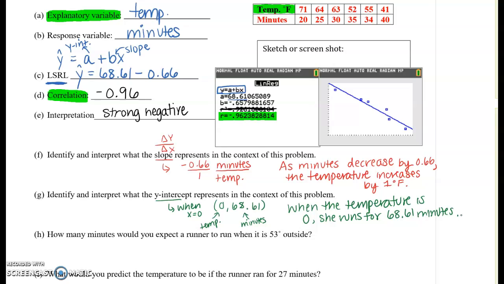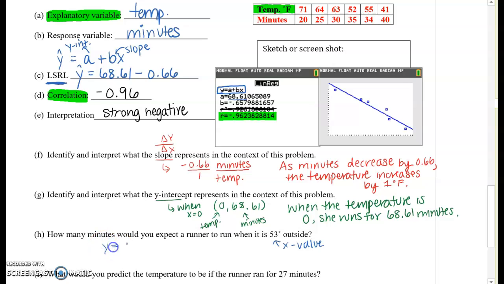So now we're going to start our predicting. So how many minutes would you expect a runner to run when it is 53 degrees outside? So they've given us an x value. So I'm going to show you two ways to figure this out. So you need to use your equation.